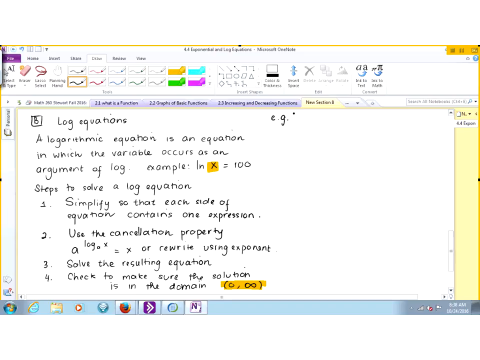So, for example, and we also have log inequalities here. Let's solve. Number 1, ln x is 10. And number 2, log base 2 of x squared minus x minus 2 is equal to 2.